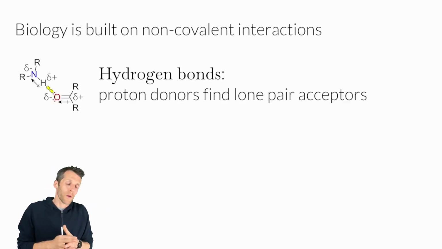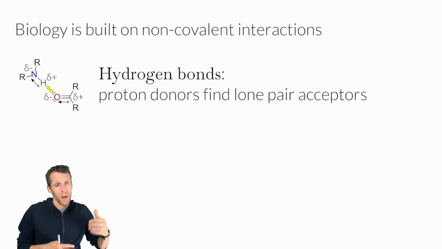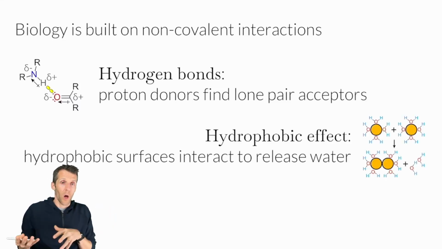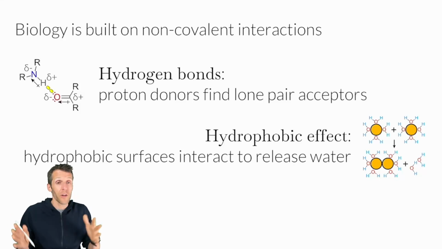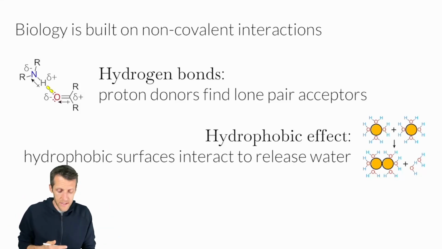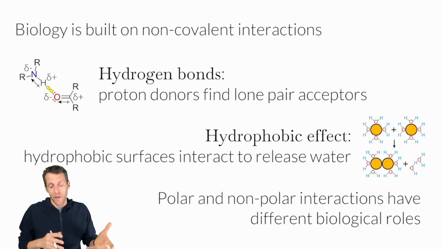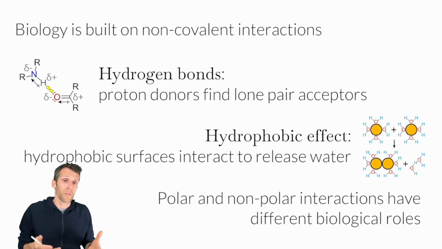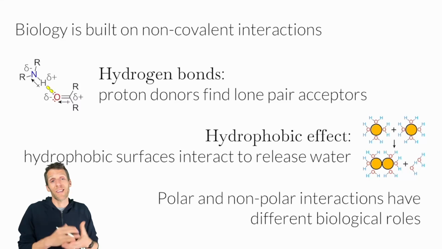The most important ones, I would say, are hydrogen bonds, which is when a proton donor finds lone pair acceptors. On the nonpolar side, we have the hydrophobic effect, where hydrophobic surfaces interact with each other, releasing water. That's a very favorable process. And finally, nonpolar and polar interactions have different biological roles, driving either sticking or sticking specificity.